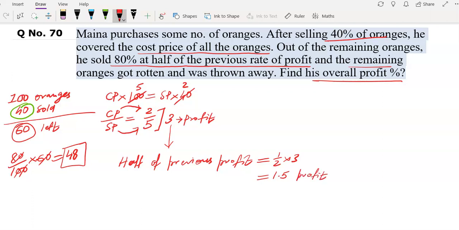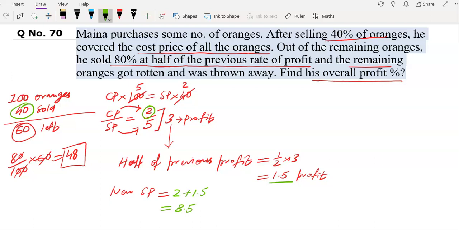So if earlier profit was 3, now half is 1.5. So our new SP will be how much? Our CP is 2 units. So new SP will be 2 plus new profit 1.5. So our new SP is 3.5.